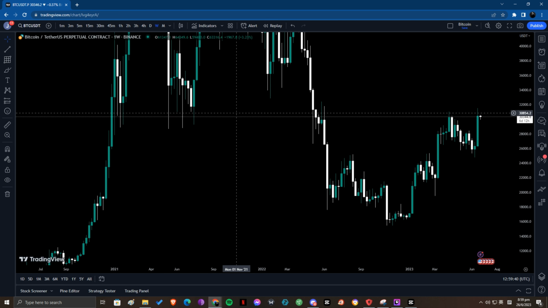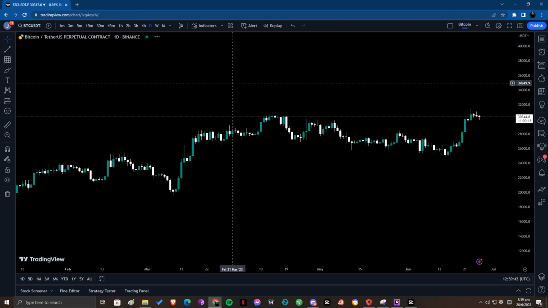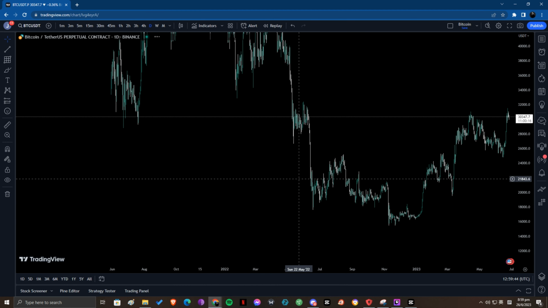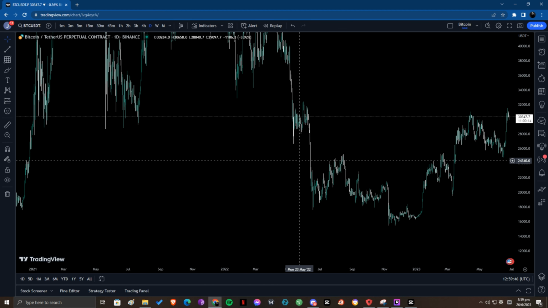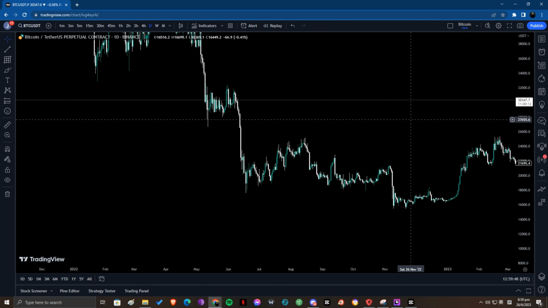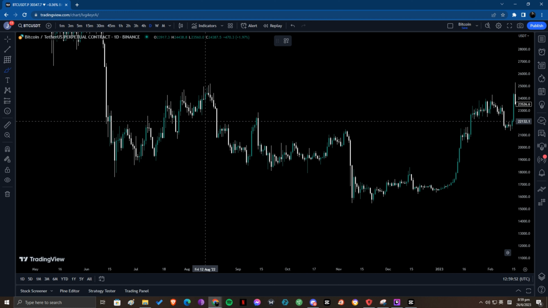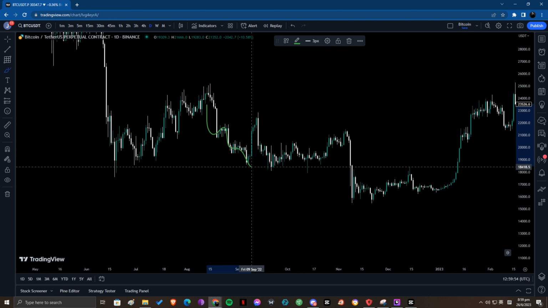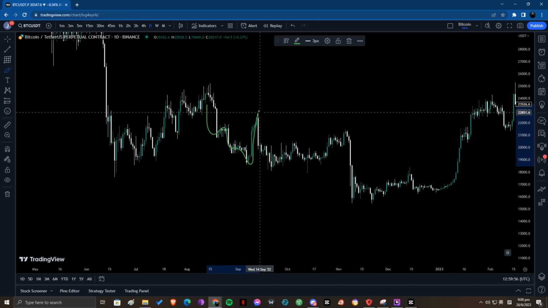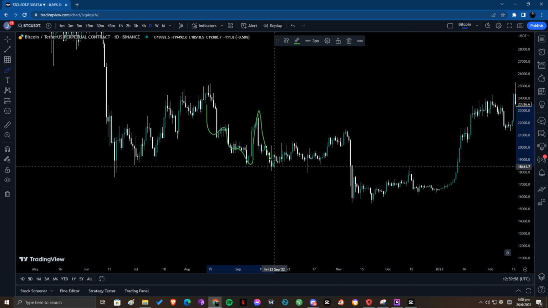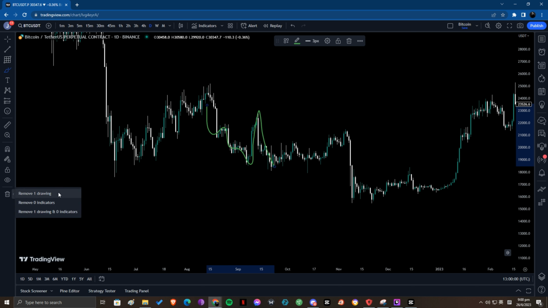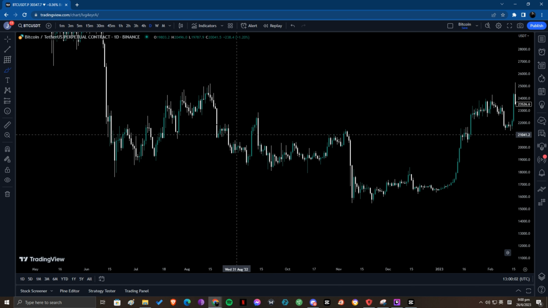Okay, so let's go to the daily first. Let's find a zone that we want to investigate. Let's say I want to investigate this area. We saw the price reaching up here and immediately flushing back down. Now, big moves like that are often caused by order blocks.